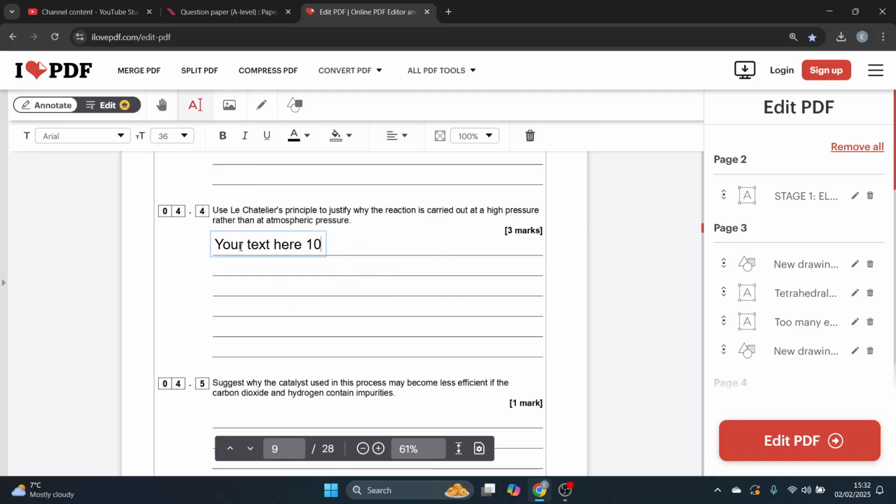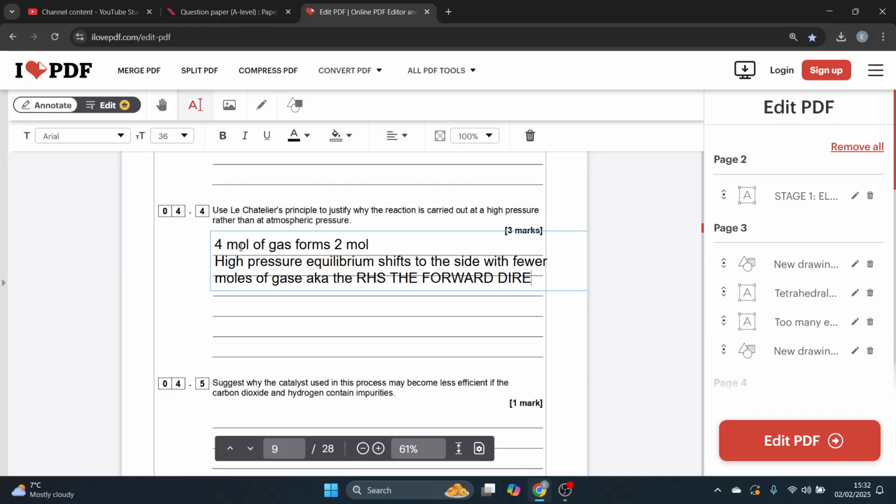So I'd say 4 moles of gas forms 2 moles. High pressure: equilibrium shifts to the side with fewer moles of gas, aka the right hand side or the forward direction, to oppose the increase in pressure, and decreasing pressure.